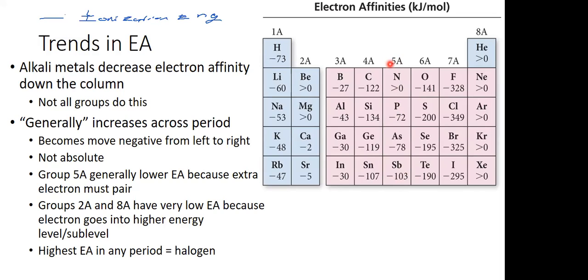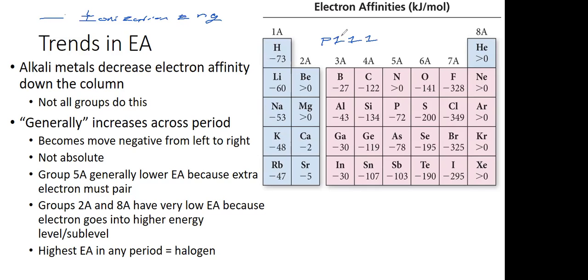Basically, the reason for that, if we were to draw our electron orbital diagram, here we are in the P block. For nitrogen, we have 3 electrons in our P orbital.